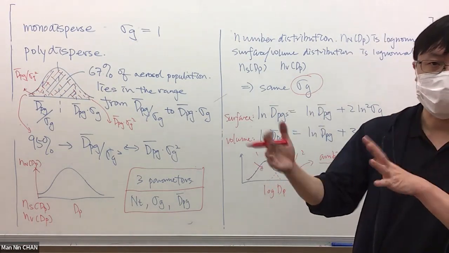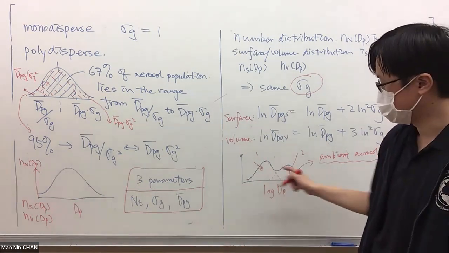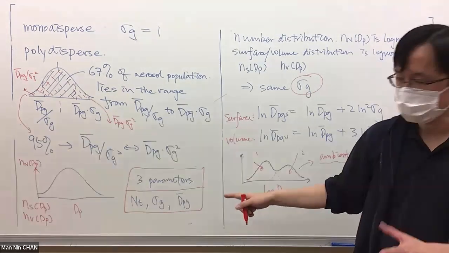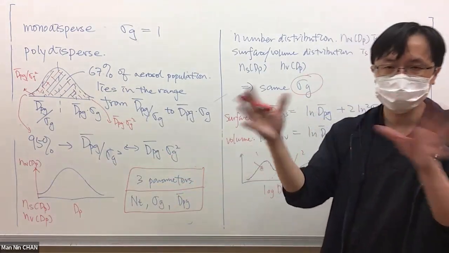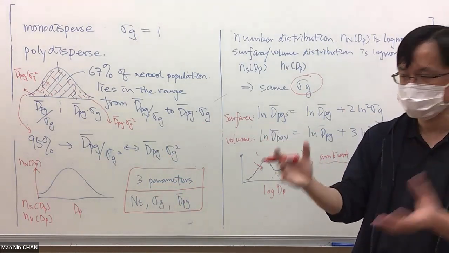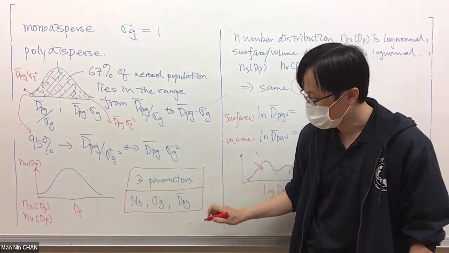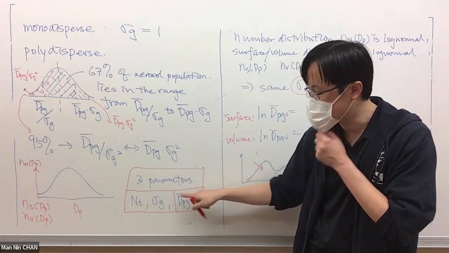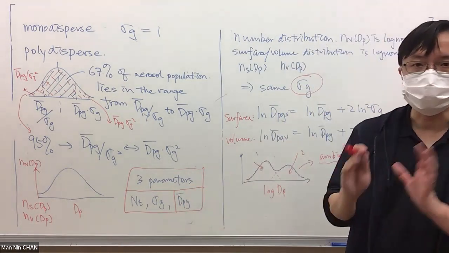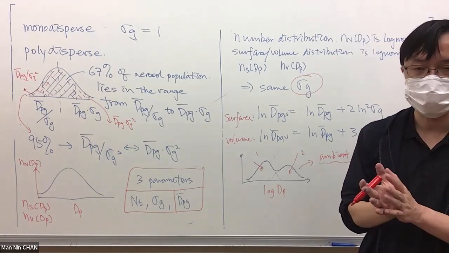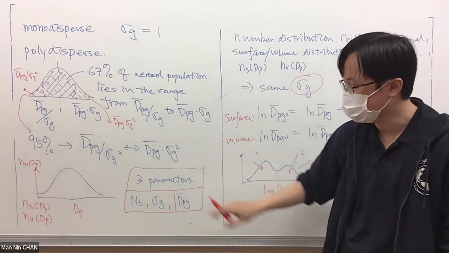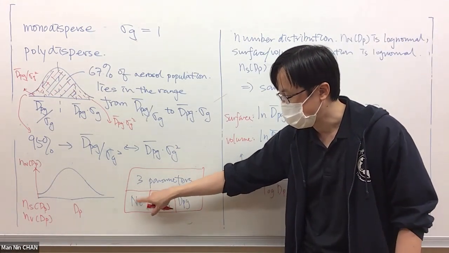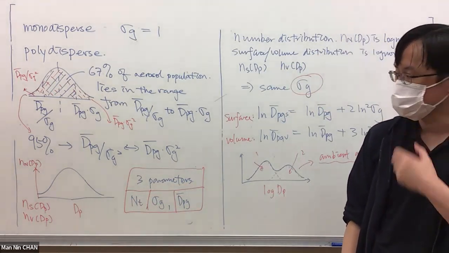That's why we call it the log normal distribution. Now you can see that if it's log normally distributed, you can well describe the aerosol population properties or distribution using just these parameters. And just to highlight again, if you see this bar, remember this is not the mean diameter, it's the median diameter. We show you this is the median diameter of your aerosol population, this is the geometric standard deviation, and this is your total aerosol number concentration.